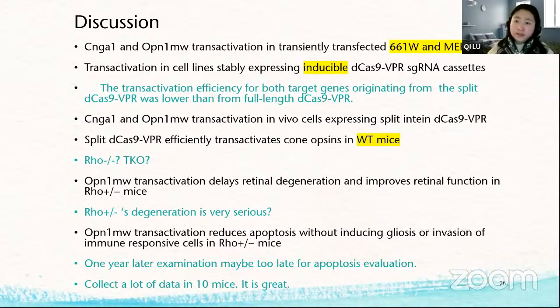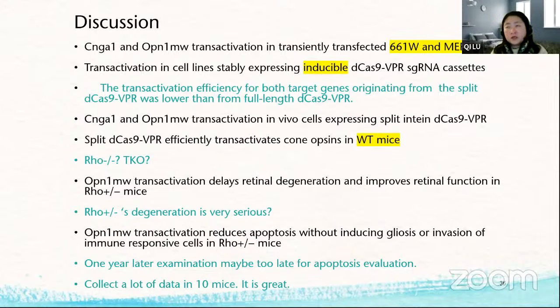So they have to use the split, which requires two viruses to enter the same cell, so the transcription efficiency is lower, and this is discussed in this article.